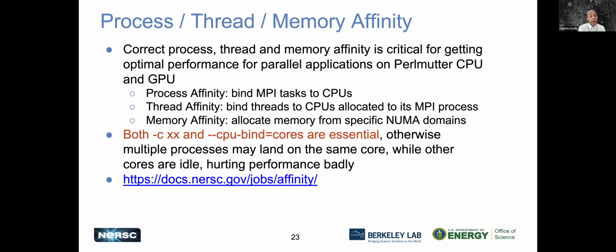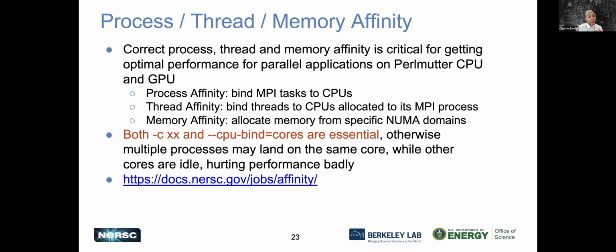When you think about process affinity, that's going to be binding those specific MPI tasks to specific CPU cores. Then you can do thread affinity, which can be used to bind different threads to CPUs that are allocated over MPI processes.